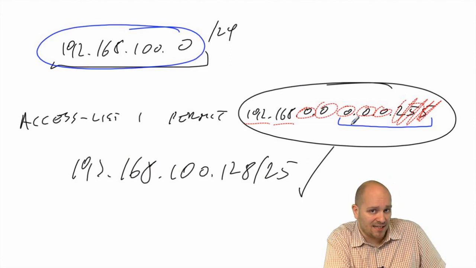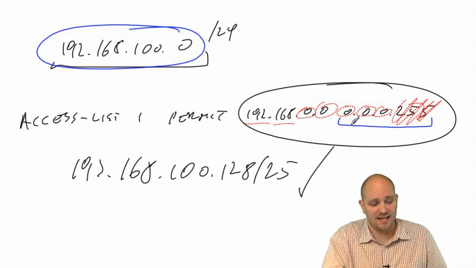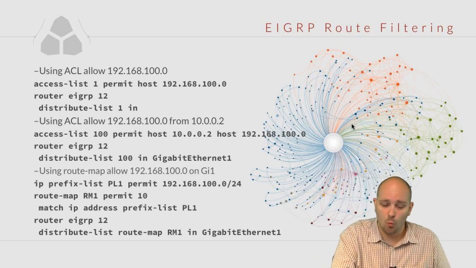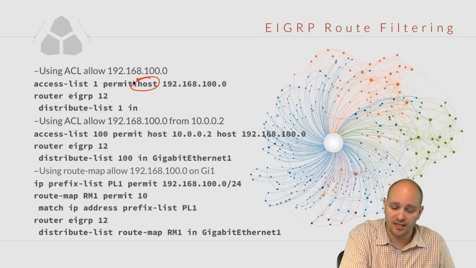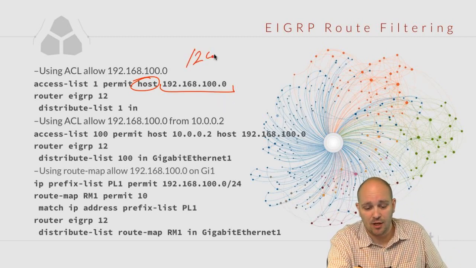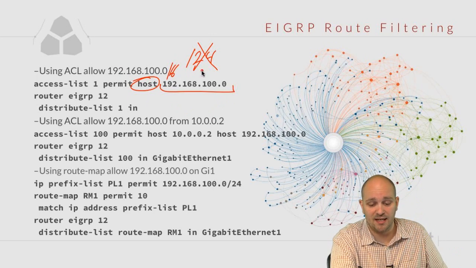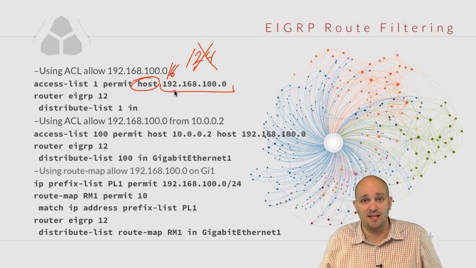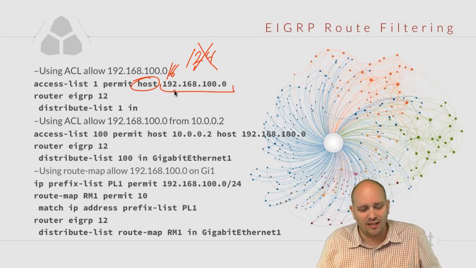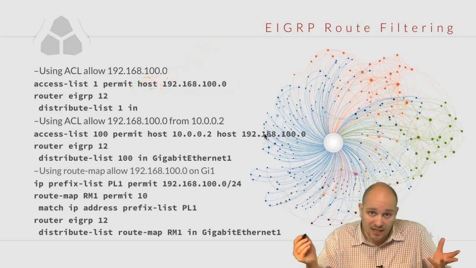So when you're using access lists as route filters, be on the lookout for this. What you want to do is use this host keyword to match the routes exactly. Unfortunately, with access lists, you cannot match /24. So this could come as /16, it could come as /23, /22, /20, whatever it comes in as, there is nothing you can do about that using access lists.